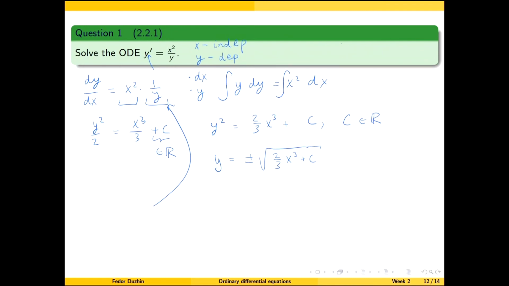So it means that the domain of the right-hand side of our differential equation is not the entire plane xy, but rather the entire plane xy except for the line where y equals 0. In order to be able to divide, y cannot be equal to 0. So it is good to include this restriction in the answer as well. So we should write that y shouldn't be equal to 0. And this is the final answer.